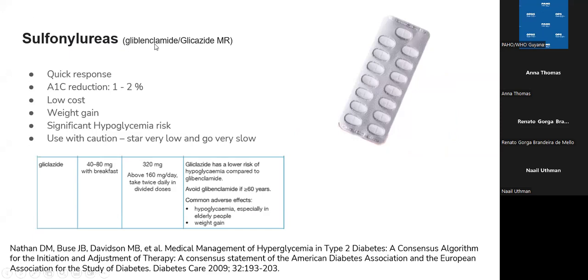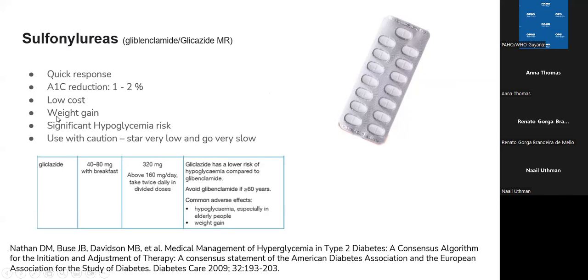Sulfonylureas, glibenclamide, gliclazide are important treatment tools here because you can achieve a quick response on blood glucose levels. It reduces glycated hemoglobin as well. It's a low-cost medication.